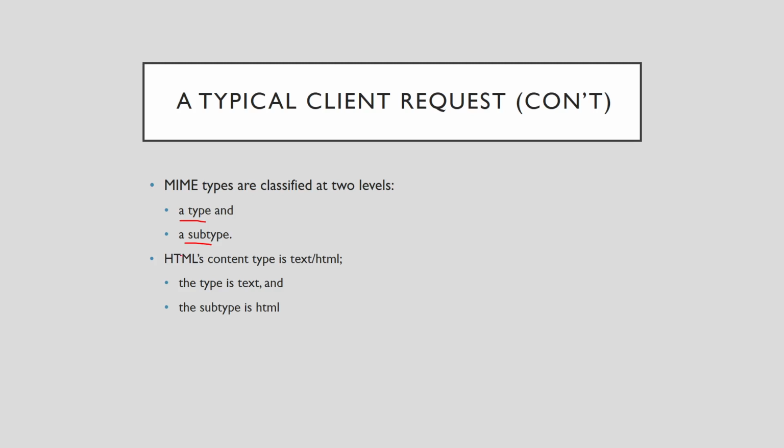The subtype identifies the specific type of data: GIF image, JPEG image. For example, the HTML's content type is text slash HTML. The type is text and the subtype is HTML. The content type for a JPEG image is image slash JPEG, that is, the type is image and the subtype is JPEG.